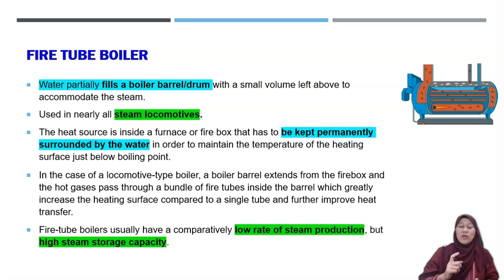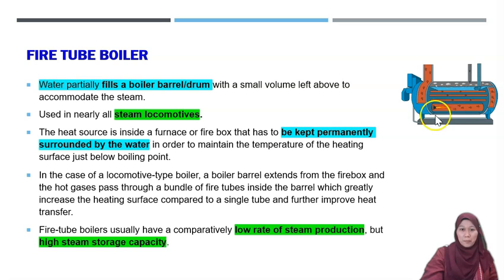The main idea for the fire tube boiler is that they have lots of water involved. In this diagram, the water is surrounded, filling up a boiler barrel or drum, and it is used for the steam locomotive.